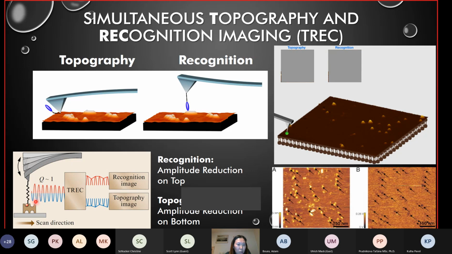As it oscillates, you see the amplitude like this. When the molecule on the tip interacts with the receptor on the surface, that influences the amplitude shape. We can divide the amplitude into the upper part and the lower part. The downstroke gives the information of the 3D structure of the surface, but the upper stroke is due to the stretching of the interaction between the ligand and the surface.